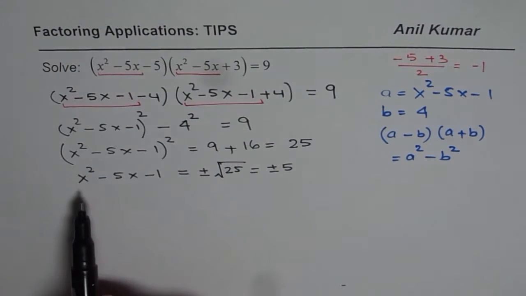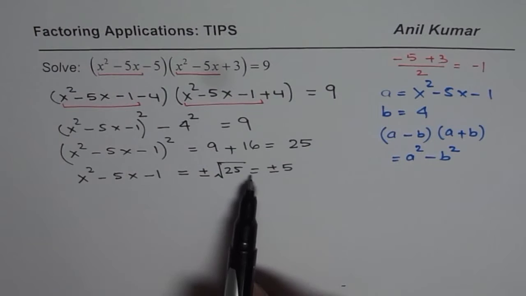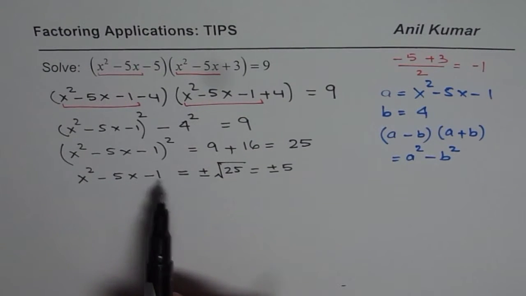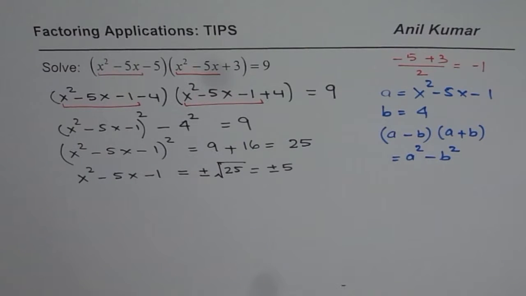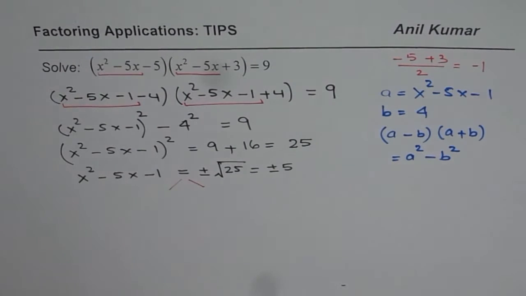So we have two equations now. One equation is x squared minus 5x minus 1 equals plus 5. The other one is x squared minus 5x minus 1 equals minus 5, correct? So now let me write down both the equations and solve them separately.